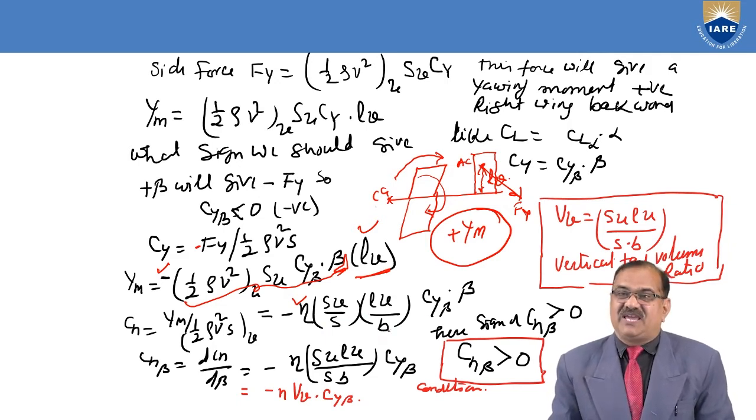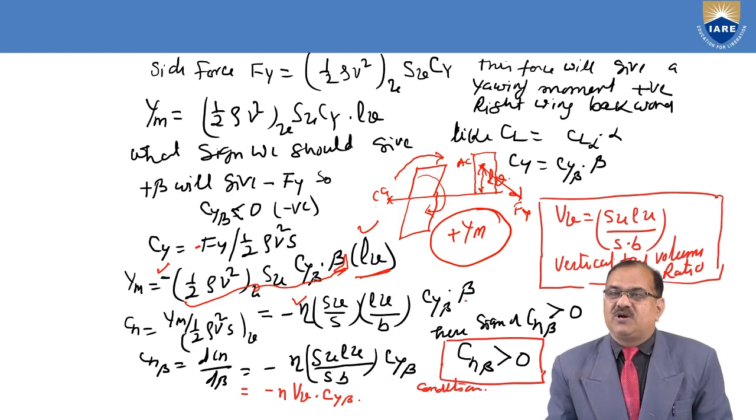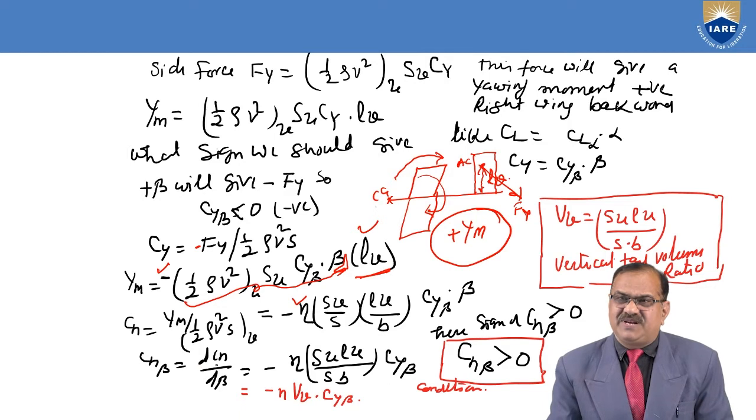Then Lv by Sb, Cyb into beta. So Cn beta is equal to dCn by d beta, minus eta Sv Lv by Sb into Cy beta. So here we can see that Cn beta is equal to minus eta Vv, the vertical tail volume ratio, into Cy beta.